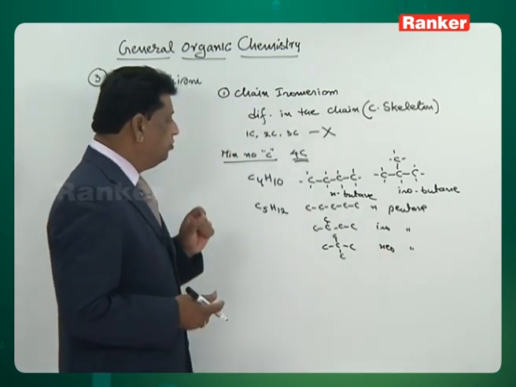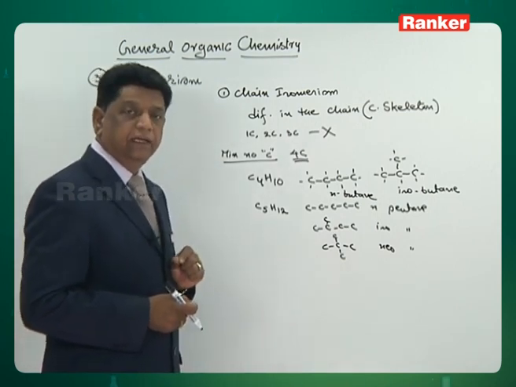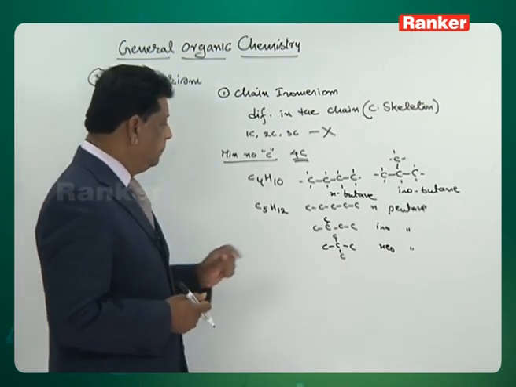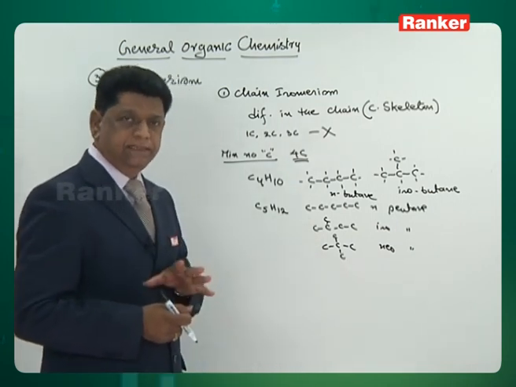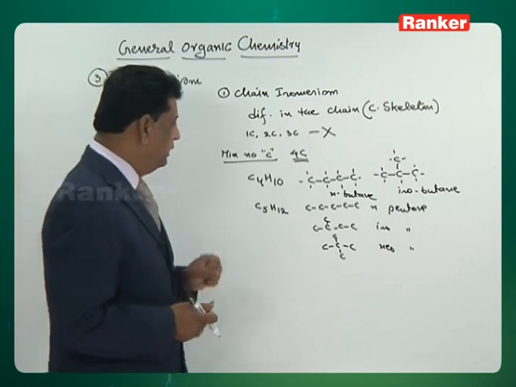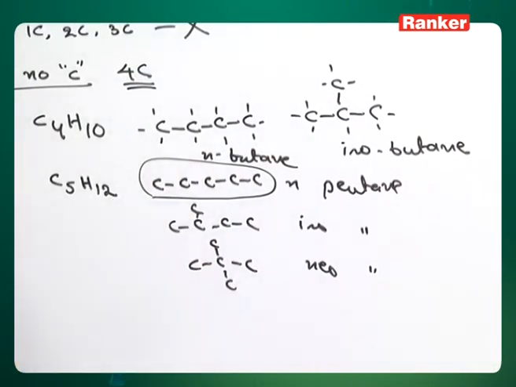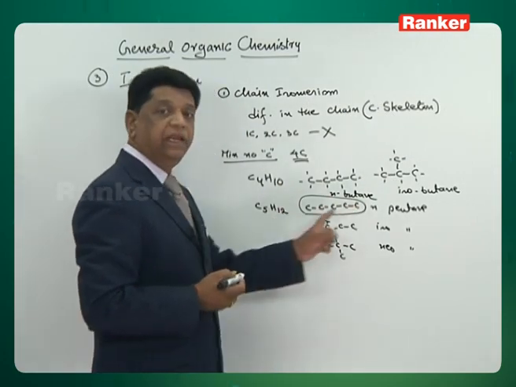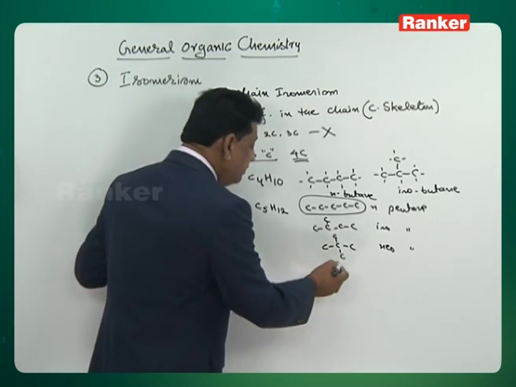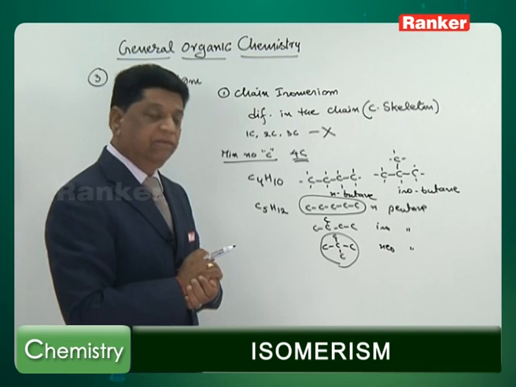So, all these compounds, as I said, have differences in properties. What properties? All are alkanes, so they have almost the same chemical properties, but some physical properties differ. For example, consider van der Waals forces, that is intermolecular forces, which I explained: the longer the chain, the more the surface area. If the chains are in a branched pattern, it will be almost like a sphere, and the surface area will be less.